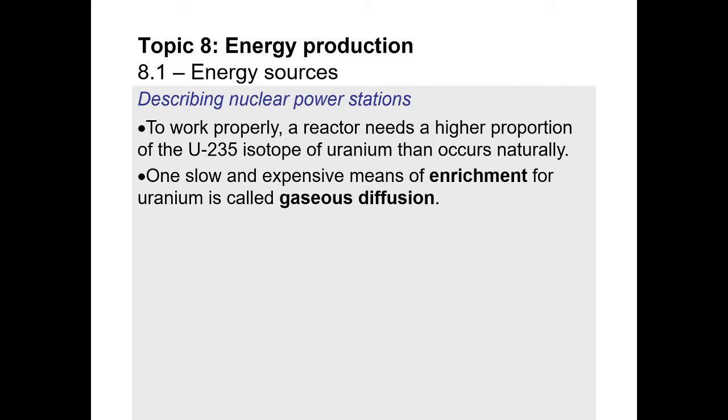Okay, so first things first. To work properly, a reactor needs a higher proportion of uranium-235 isotope than occurs naturally. When you have the uranium ore that you extract from the Earth's crust, it's made up of two things: uranium-238 and uranium-235.